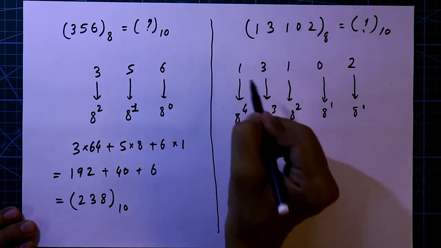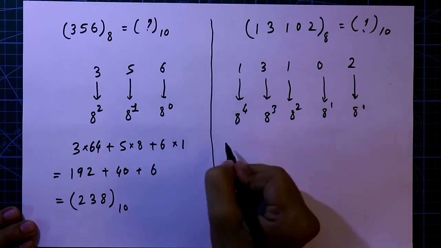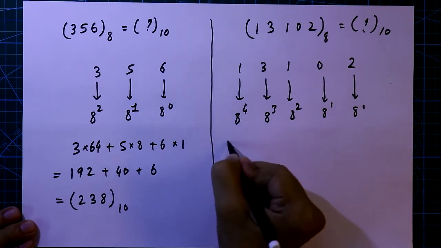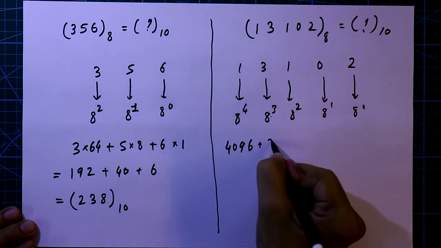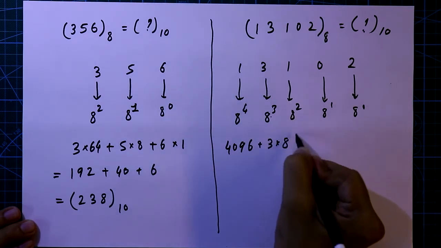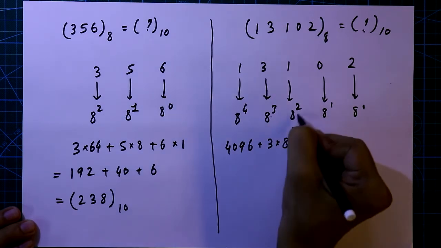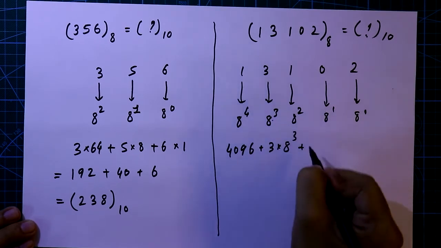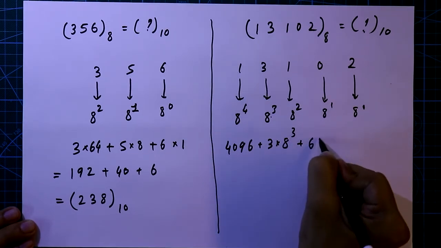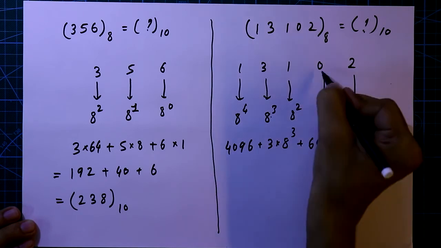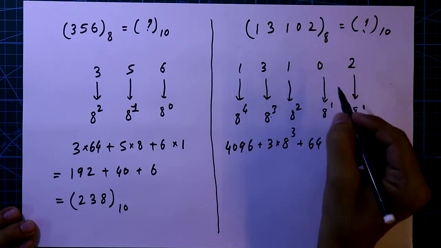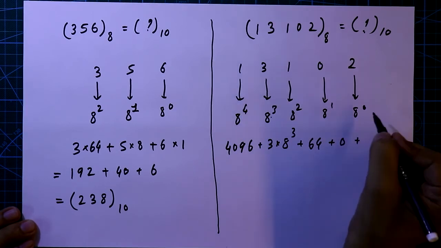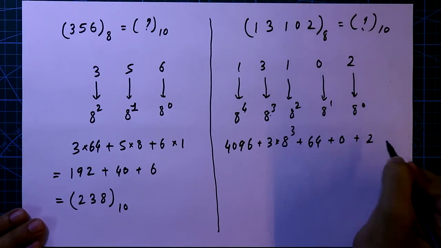Now 1 multiplied by 8 to the power 4 is equal to 4096, plus 3 multiplied by 8 cube, plus 1 multiplied by 8 square, it is 64, plus 0 multiplied by 8 to the power 1, anything multiplied by 0, it is 0, and 2 multiplied by 8 to the power 0, it is 2.